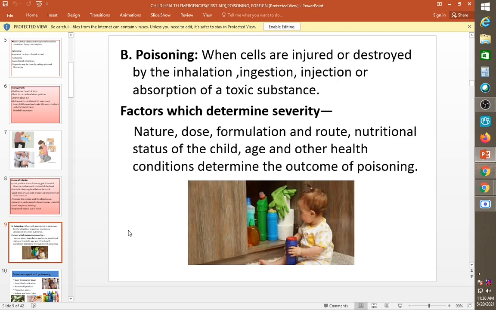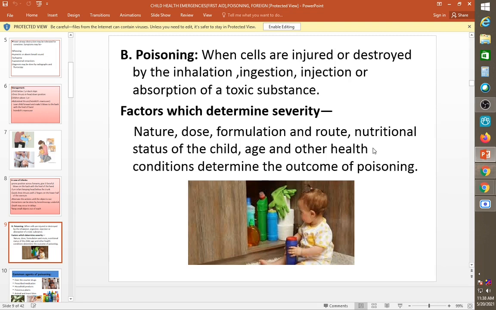Okay, then what are the factors which determine the severity? That means how severe the poison is, who will decide? What are the factors that decide? Nature of the poison, dose, how much has been taken, then formulation and route. Formulation is what the formula is, and by which route the child has taken it.